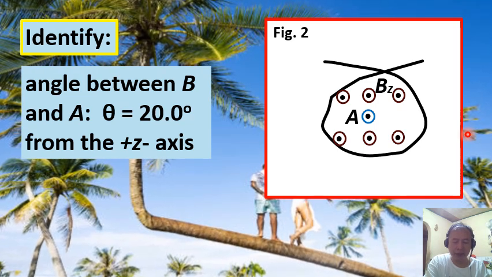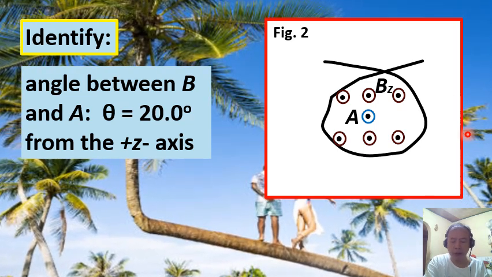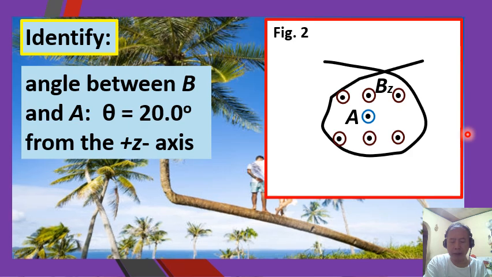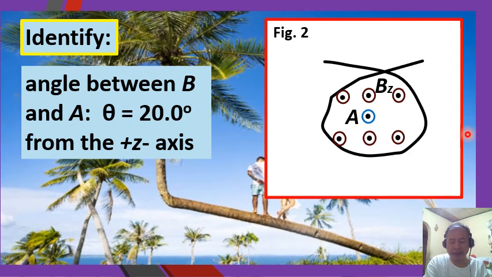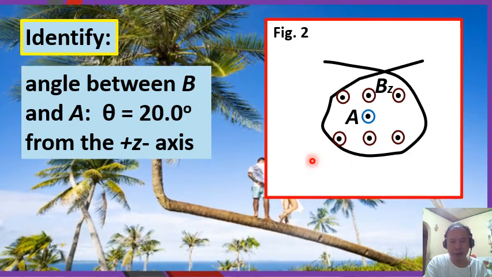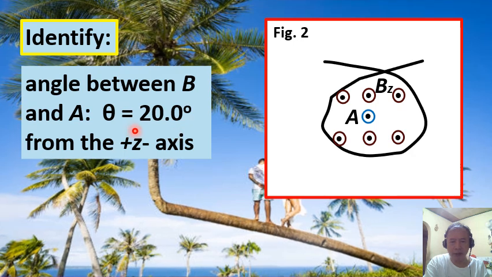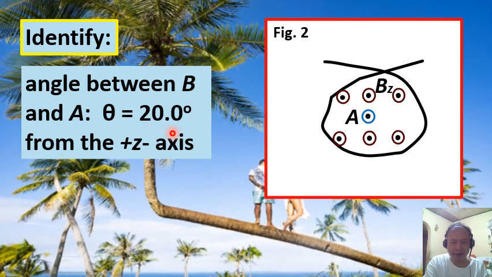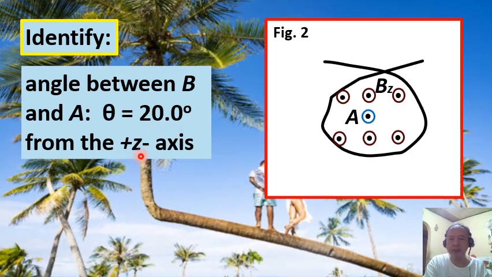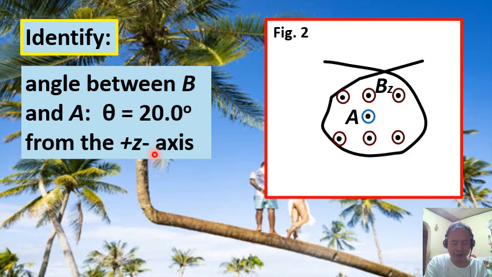The angle theta that is formed between vector B and vector A is given. Angle theta equals 20.0 degrees from the positive z axis.